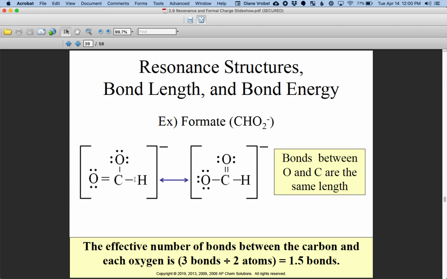There should not be any resonance between carbon and hydrogen. So as a result of it, we really only have 3 bonds here that are exhibiting resonance, and we want to divide it by 2 because we have 2 sets of them. And as a result, the bond order, the effective number of bonds, is 1.5.